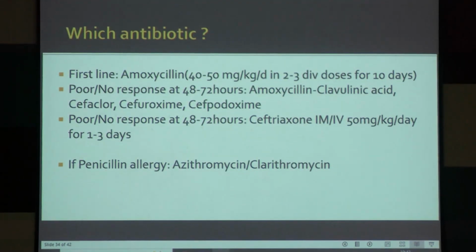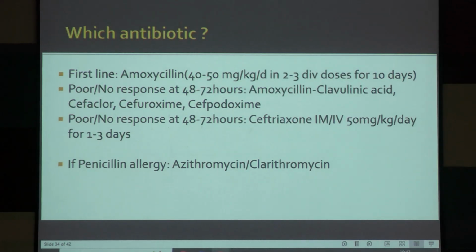And the second line agents, if there is no response after 2 to 3 days, will be amoxiclav, amoxicillin and clavulanic acid, cefaclor, cefuroxime, cefpodoxime. And then again if no response after 2 days, then ceftriaxone, an IV antibiotic, is to be given at 50 milligram per kg per day for 1 to 3 days.